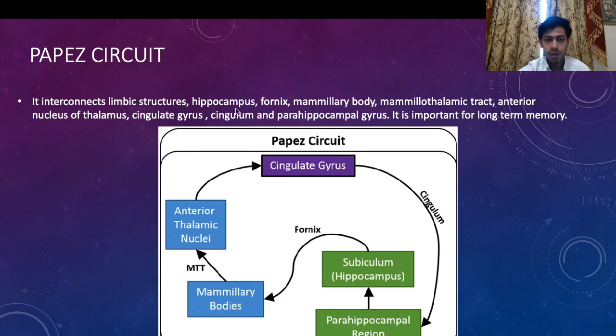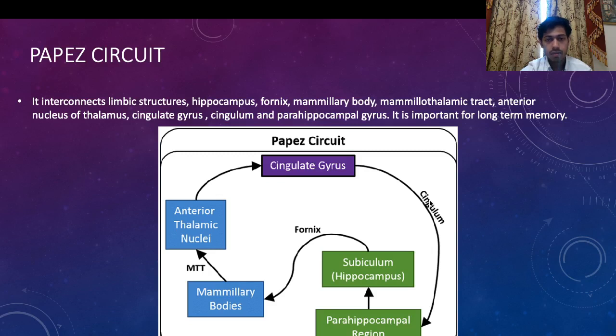Some of these are the hippocampus, the mammillary body, the cingulate gyrus, thalamic nuclei as well, and it's basically communicating with all of these structures via fibers and also neurons, and it is important for our long-term memory.